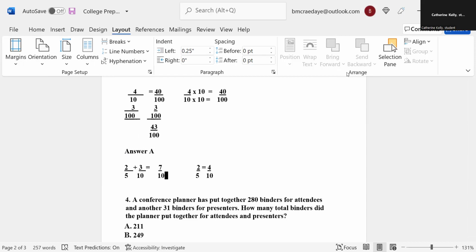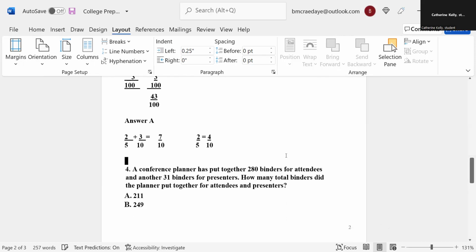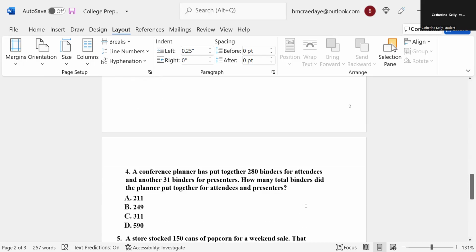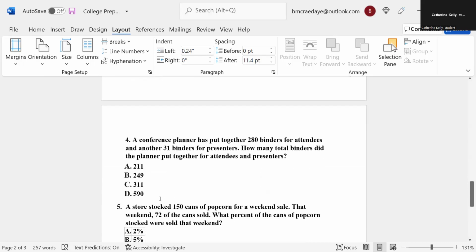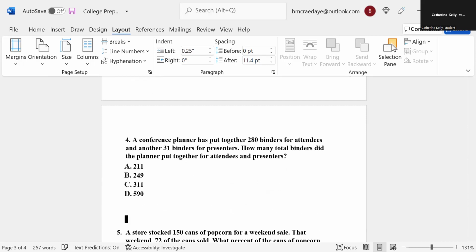Very good. Okay, now let's go to number 4. Read number 4, Catherine. A planner has put together 280 binders for attendees and another 31 binders for the presenters.